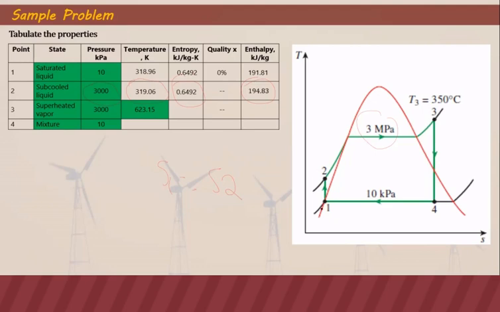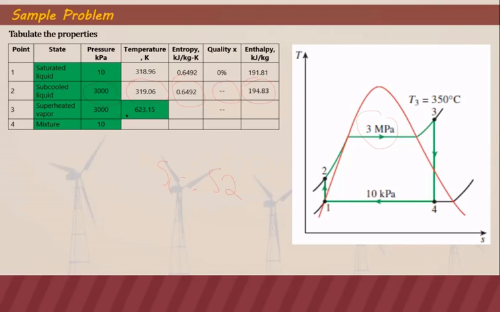So after the pumping process, now the enthalpy is 194.83 kilojoules per kilogram. And for the quality, we'll just leave it blank because we don't know the quality here. Basically, it's just 0 also, and here is also 0. Those are the points where you can get quality.